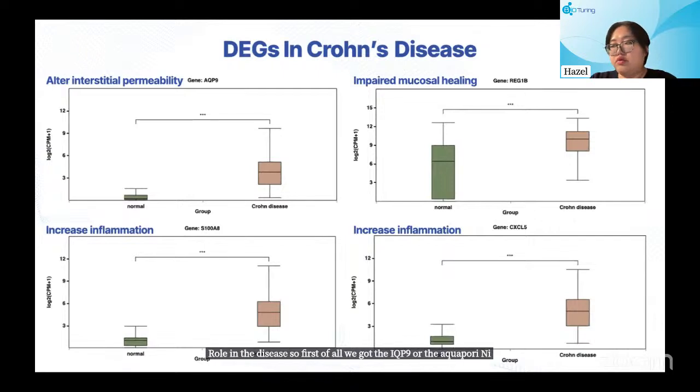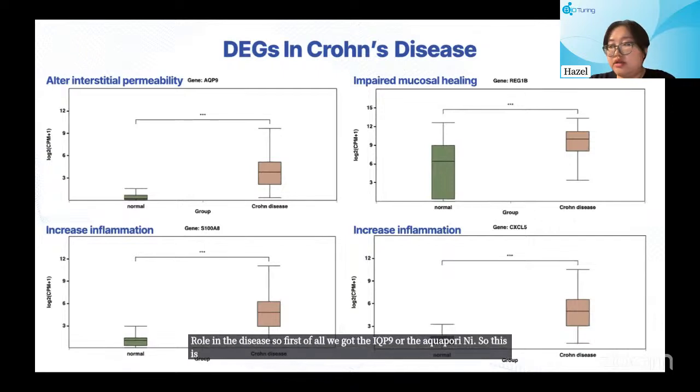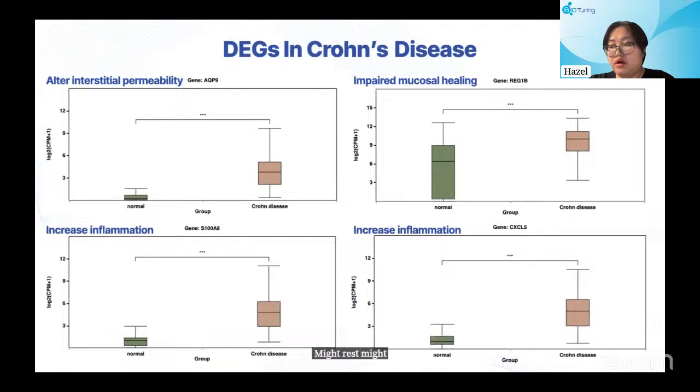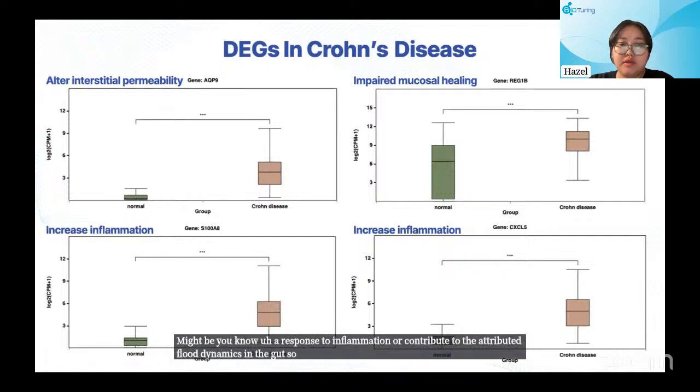This is a water channel protein expressed in the GI tract, and the upregulation of aquaporin 9 might be a response to inflammation or contribute to the altered fluid dynamics in the gut. So basically there is some alteration in intestinal permeability during Crohn's disease.